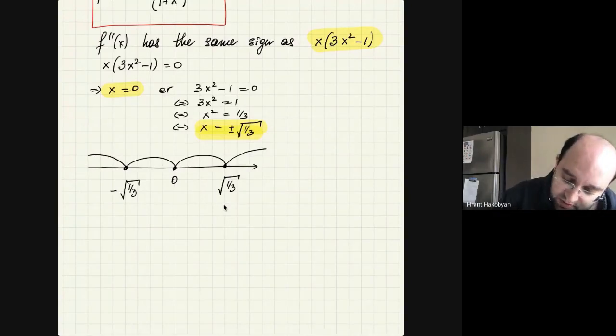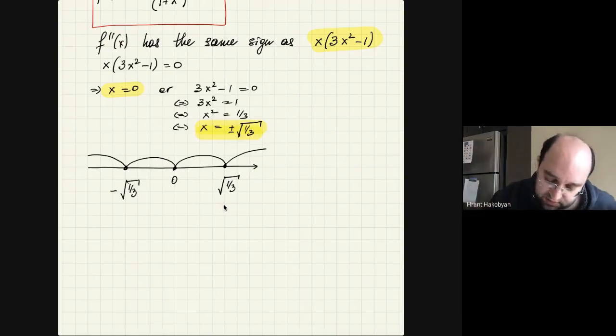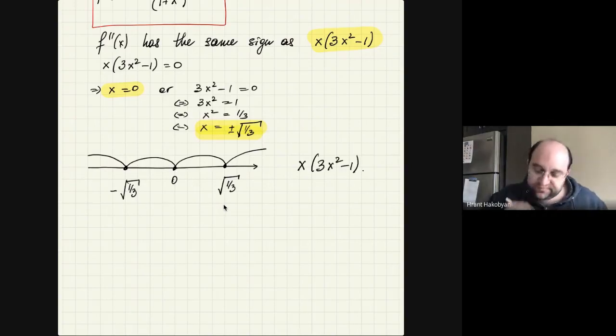We have to pick numbers to figure out whether the function is positive or negative in each of those intervals. And which function are we looking at? It's not the second derivative itself, it's the part of the second derivative which matters. So this is x times 3x squared minus 1. Okay, now I'm going to pick some numbers.